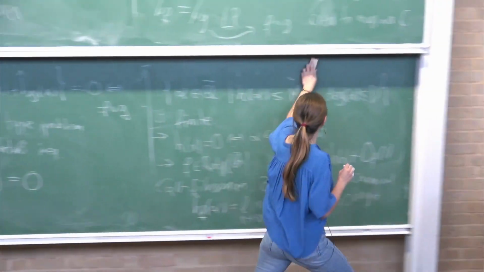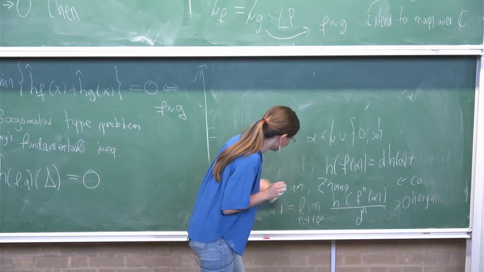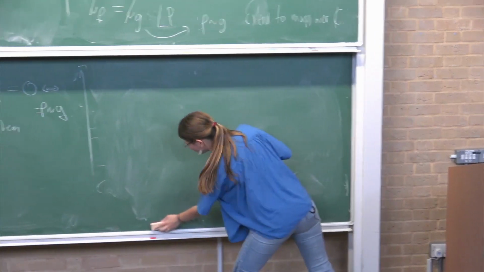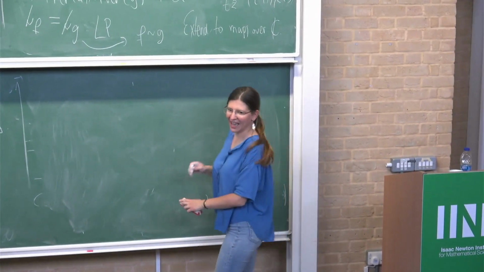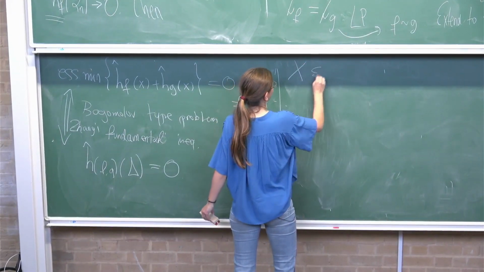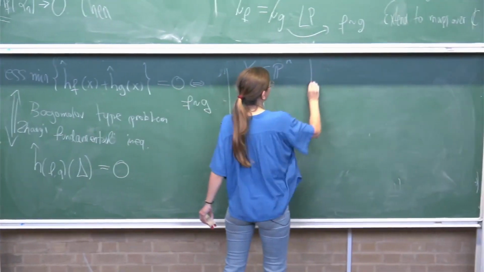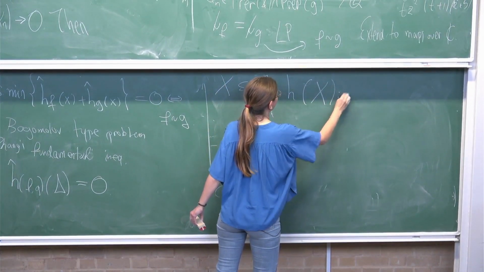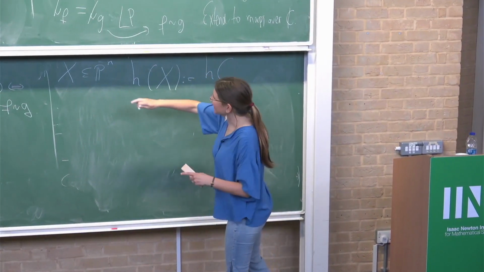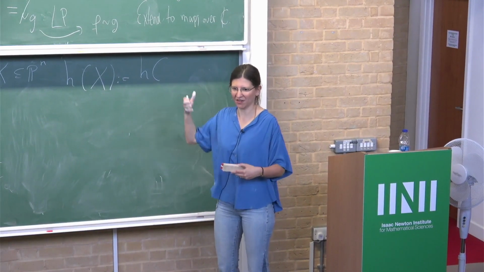An easy definition is one we have already seen, because we have the height of a point, and we can use the height of a point definition to define height of points in Pn in exactly the same way. So if X is a subvariety of Pn, you can define the height of a subvariety, I'll write it height hat, to be the height of a certain form defining the subvariety, like a form whose zeros define the subvariety.